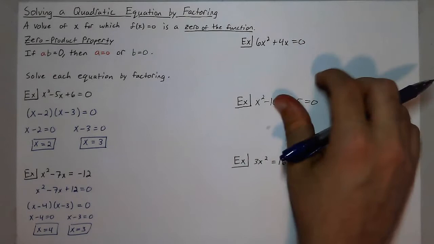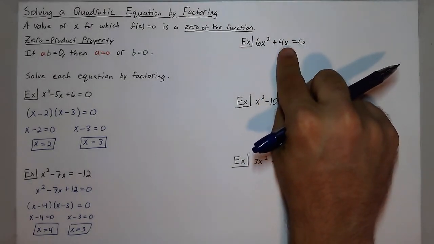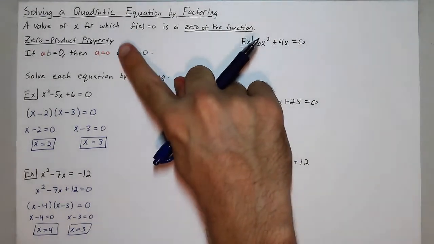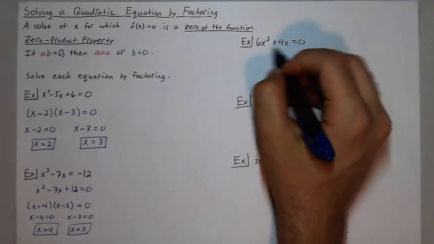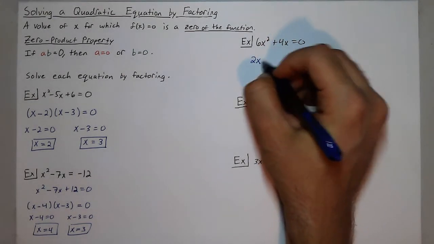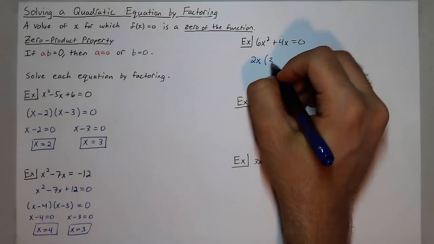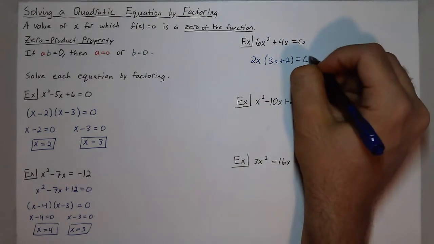Now up here, I don't have a constant term, but I can still factor this expression. And it's set up for my zero product property because it's equal to 0. The common factor here is 2 and x, so I can factor out 2x, and I'll be left with 3x plus 2 is equal to 0.